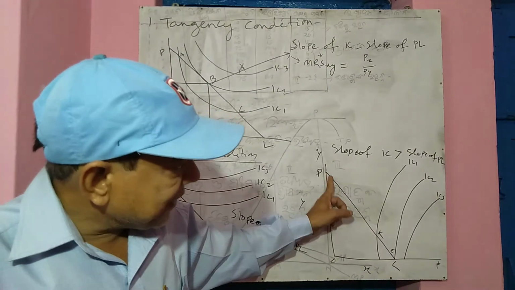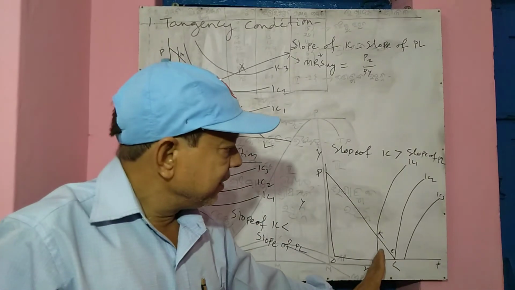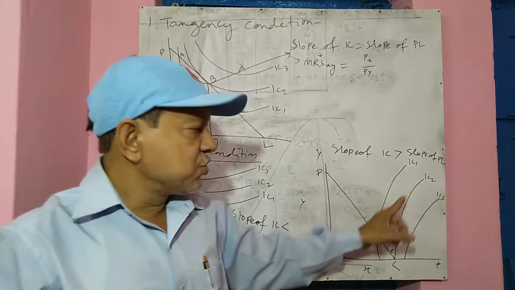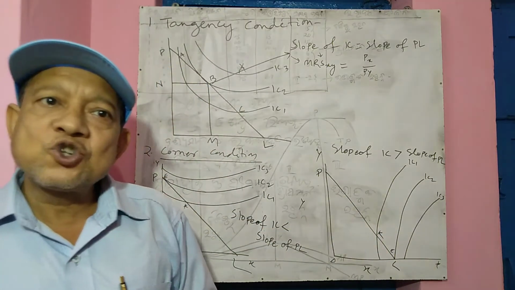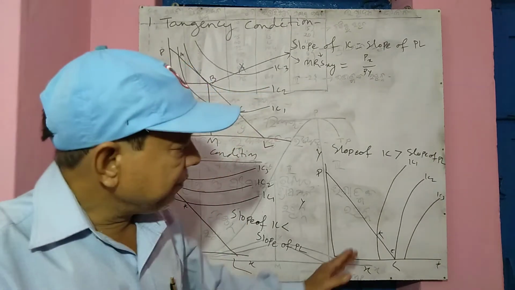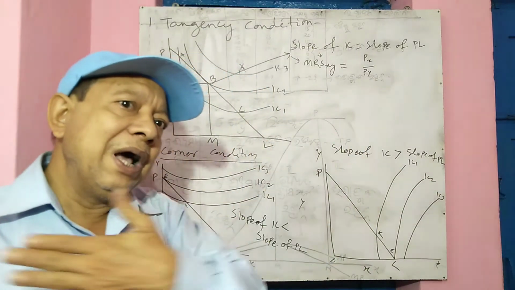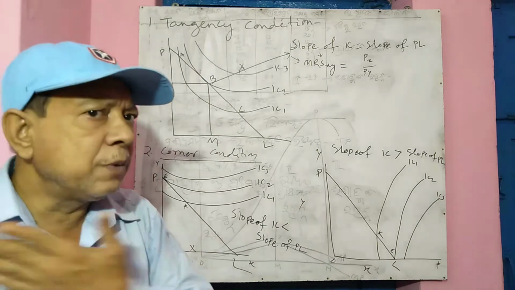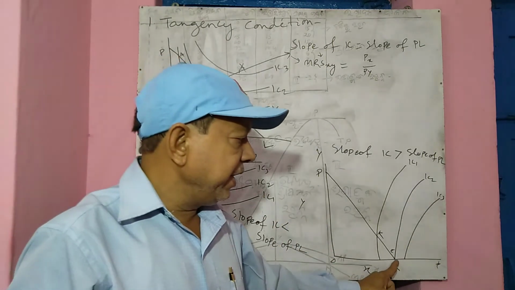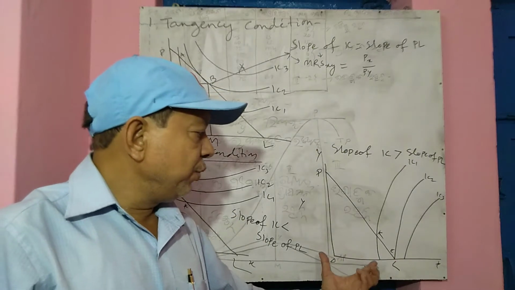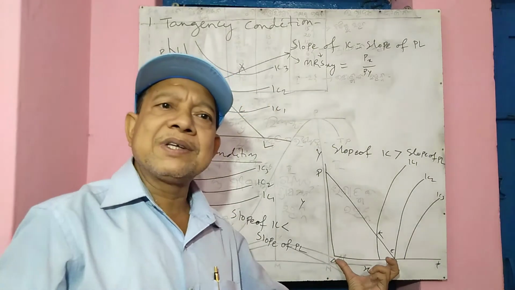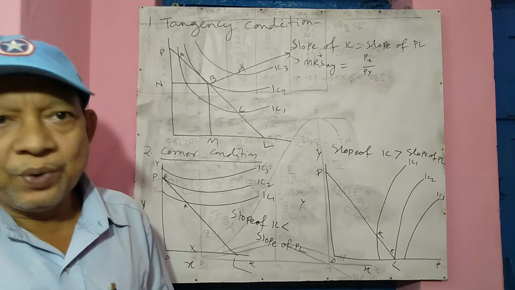You see here the price line is flatter, the IC is steeper. Because the slope of the price line is less than that of the IC, the consumer has no other option but point E, where he maximizes his utility, and he will consume OE of good X and zero quantity of good Y.